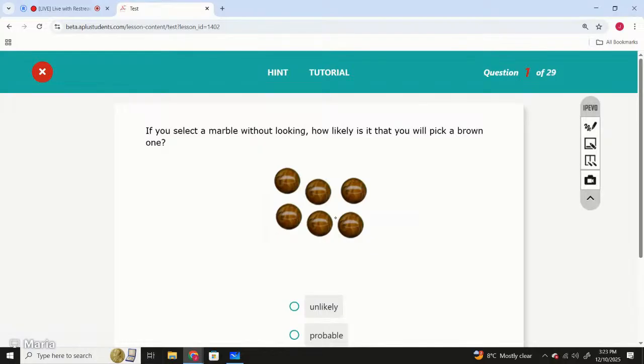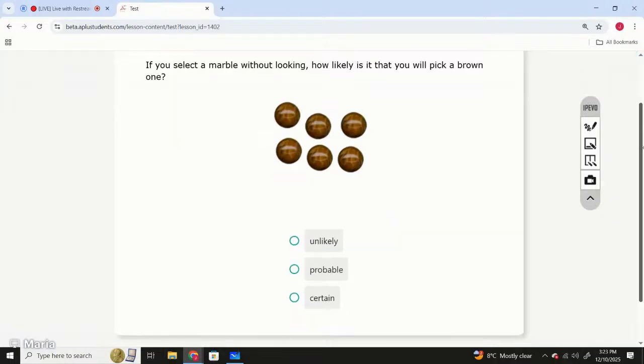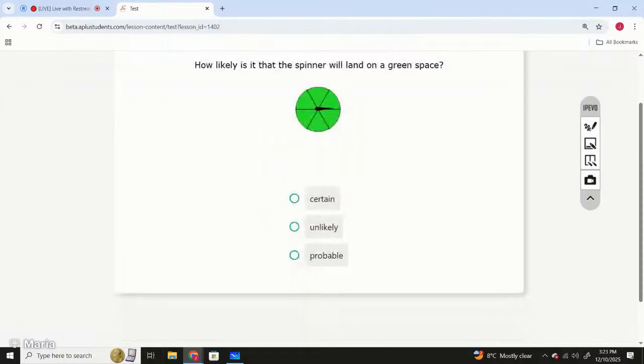They all are brown, right? So it is certain. Whenever you select a marble, it will be a brown marble.